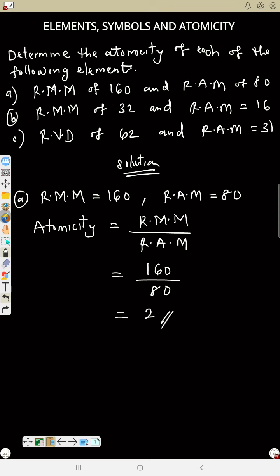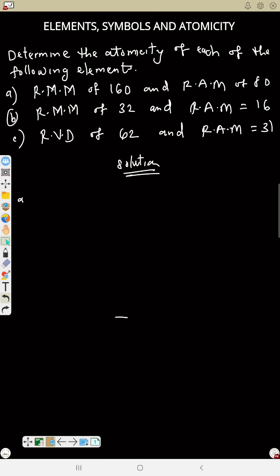So let's see the B part. An element with relative molecular mass of 32 and relative atomic mass of 16. Now, what should be the atomicity here?